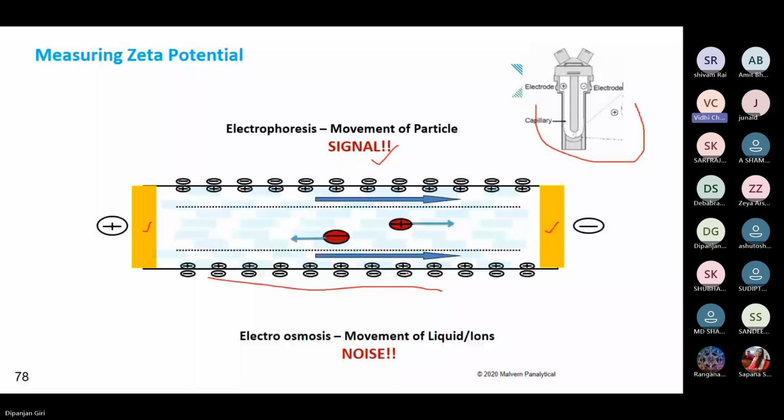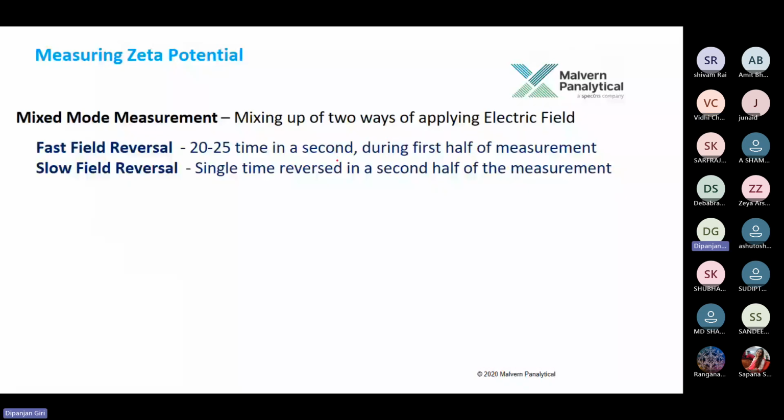So what technique do we use for that? We use the mixed mode measurement technique, mixing up the two ways of the electric field to tackle the problem to our advantage, right? So what does it mean?